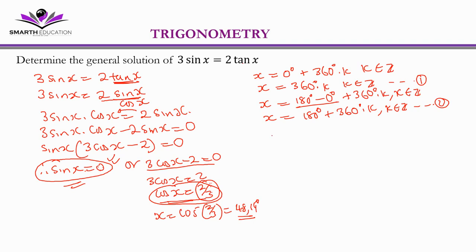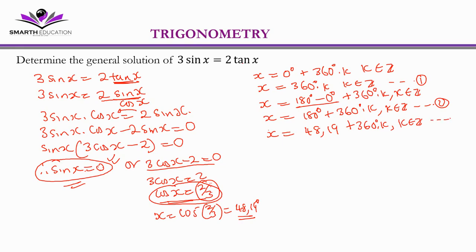In the first quadrant, x is equal to our reference angle, 48.19, plus 360 degrees times k, where k is an integer.